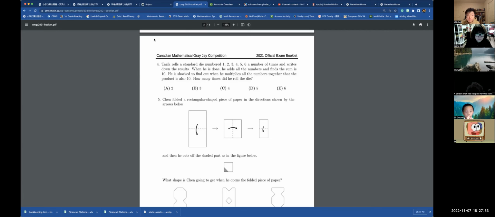Okay, so let's see. If there are only 2 rolls, is it possible? If it is 4 and 6, or 5 and 5, it's never possible to get the product also 10, correct? Because 4 plus 6 equals 10 and 5 plus 5 is 10, but when he multiplies all the numbers together, the product must also be 10.